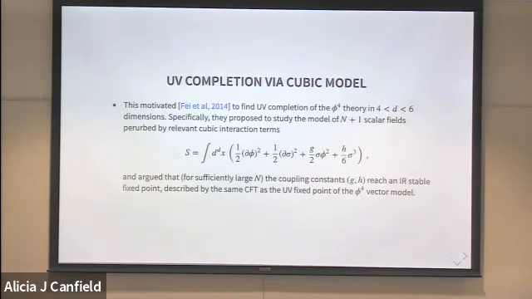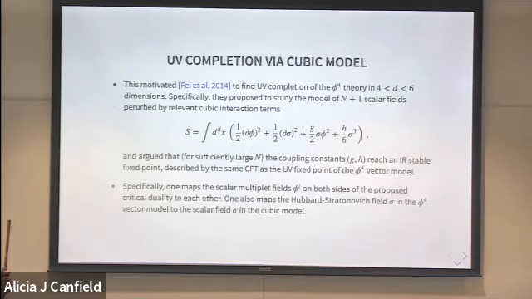This is apparently a different theory. So that's why it's so surprising that what follows will follow: this apparently different theory actually has the same fixed point as the UV fixed point of the O(N) vector model.